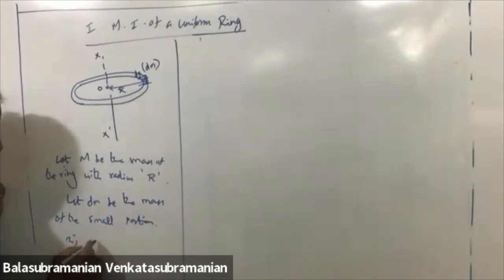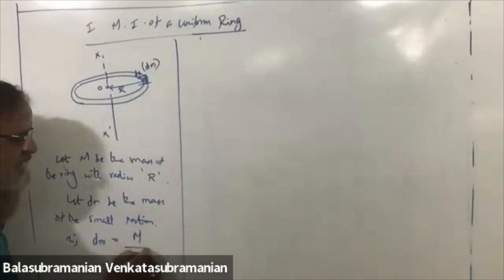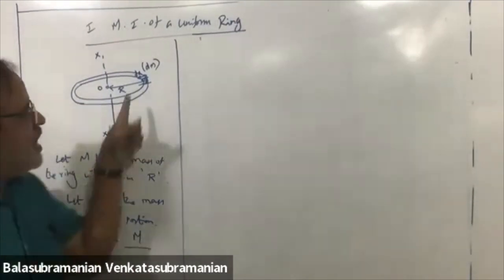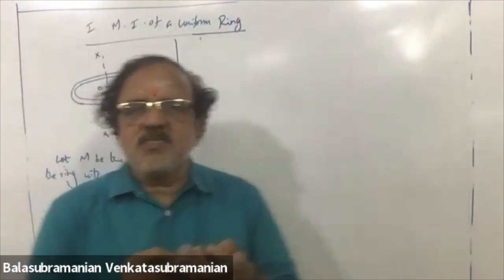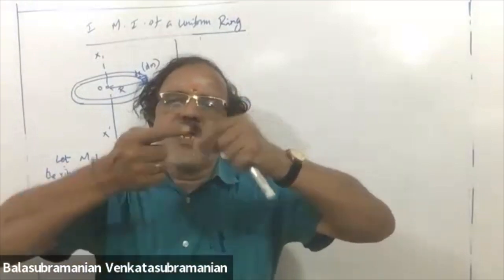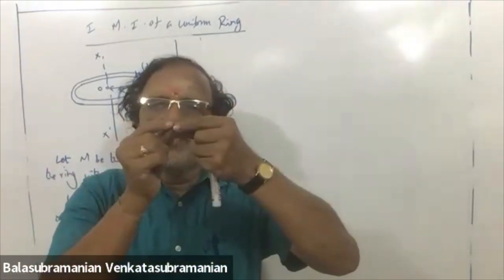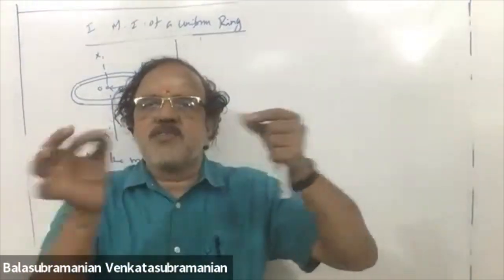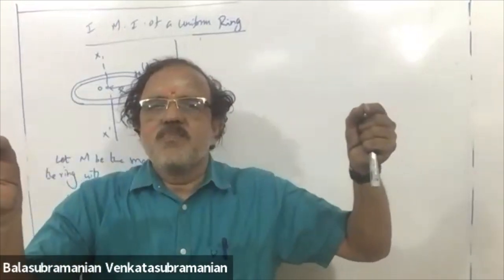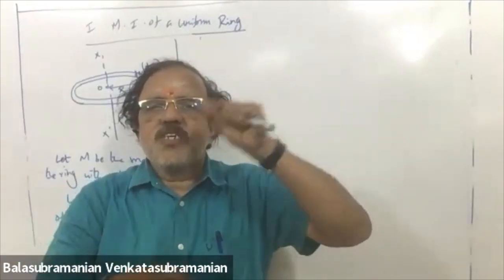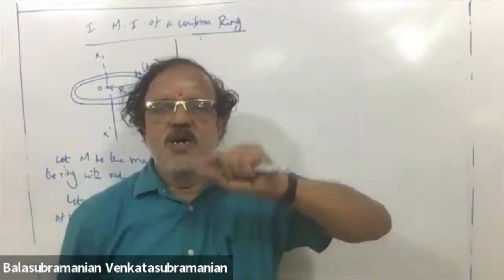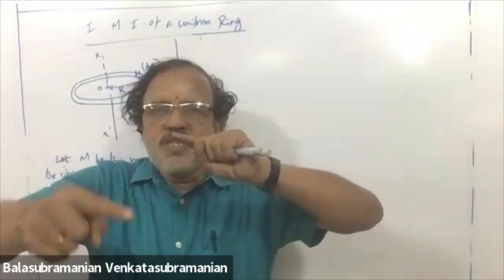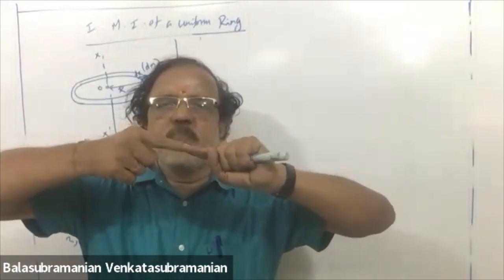That is, dm is equal to mass by length into the length you want. Mass by length means, it is a circular ring. You imagine that you are opening here, so it will become a straight line. Close it, it becomes a circle. So the maximum length is 2 pi r.